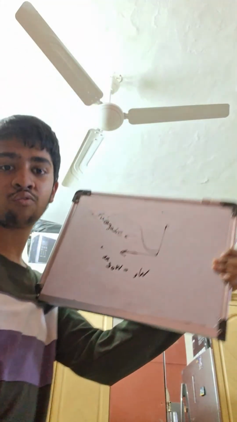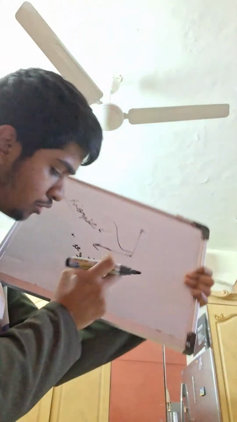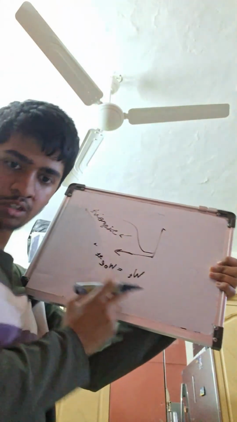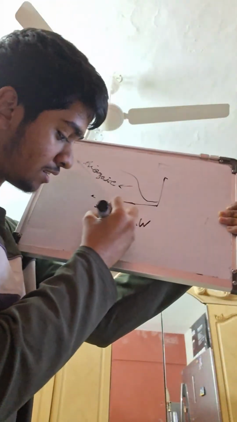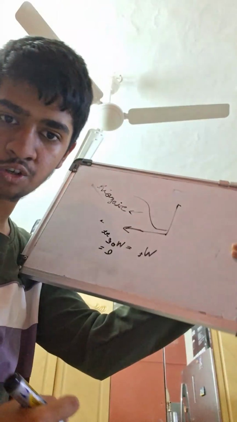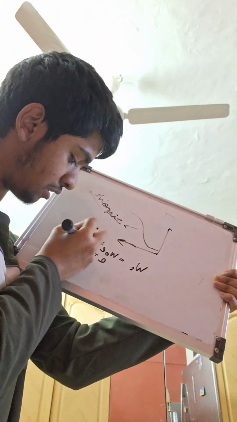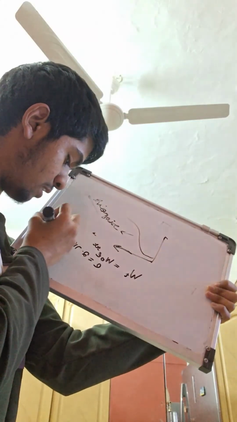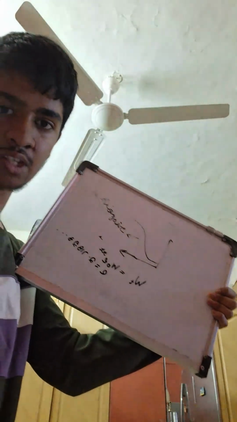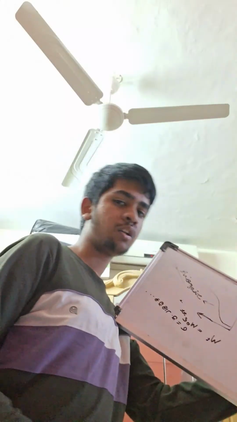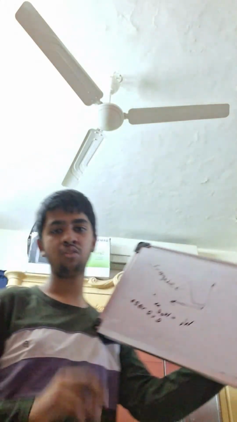That is your formula: Wt equals W naught into e raised to rt. What is this e? This e is known as Euler's number, which is 2.71828 and so on.